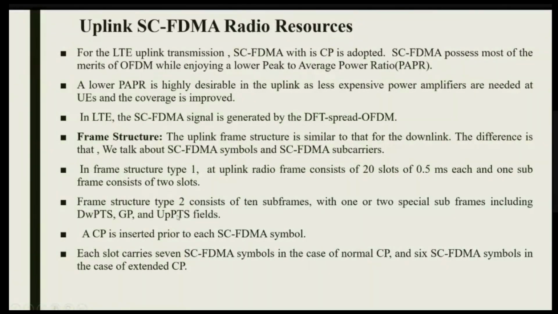Frame structure type 2 consists of 10 subframes with 1 or 2 special subframes including DwPTS, GP and UpPTS fields. A cyclic prefix is inserted prior to each SC-FDMA symbol. Each slot carries 7 SC-FDMA symbols in the case of normal CP, and 6 SC-FDMA symbols in the case of extended CP.